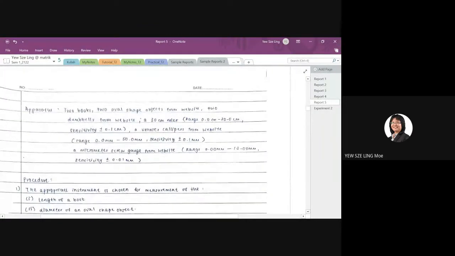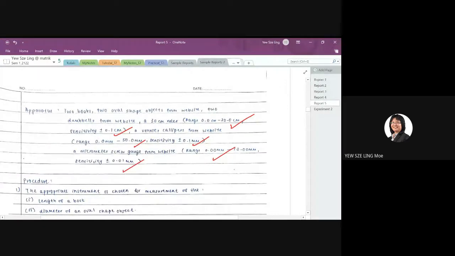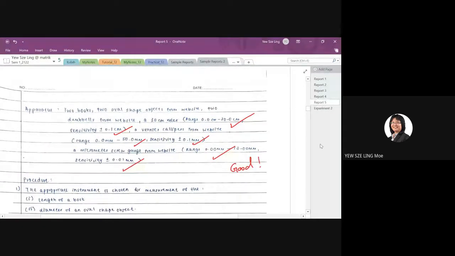Apparatus: 2 books, 2 oval shaped objects, 2 dumbbells, a 30 cm meter ruler with a range. Very good. She got both the range and the sensitivity. This is a very good list of apparatus. When I read it, I know what apparatus he or she used.